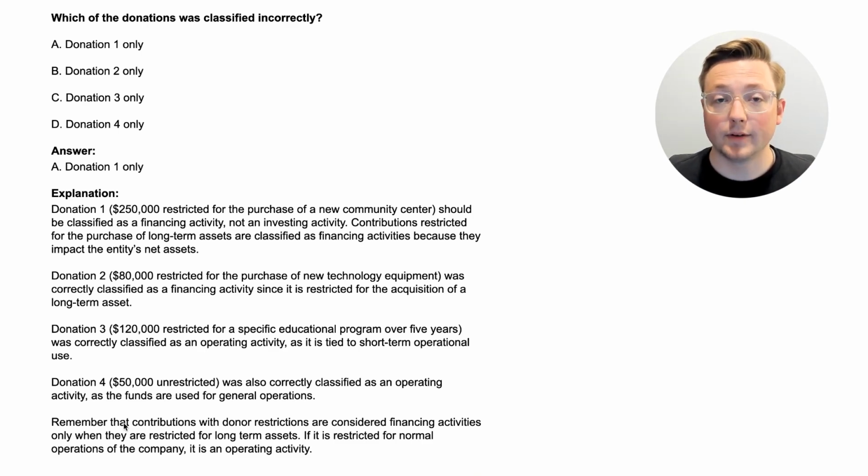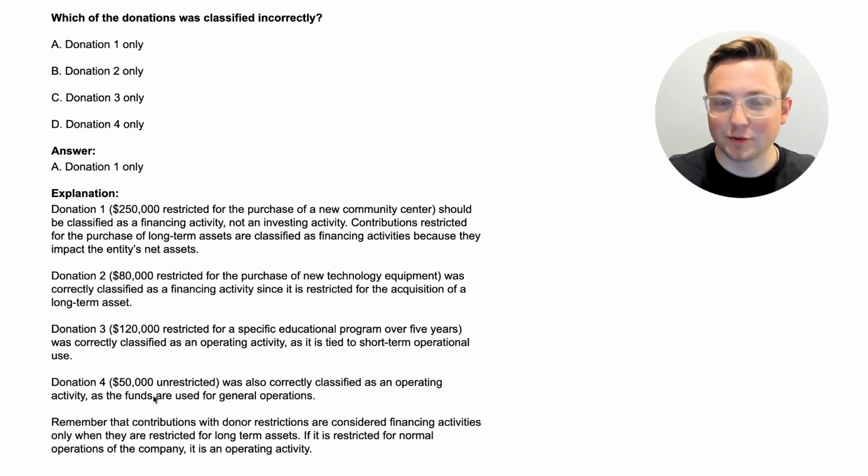It's only going to be a financing activity with donor restriction if it's specifically for the purchase or use to get a long-term asset, like a long-term investment for an endowment fund or a new building or something like that. If it's with restriction for something specific in operating activities, even though it has a restriction, it's still going to be used in operating activities. It's for operating activities, so that would be counted as operating activities.